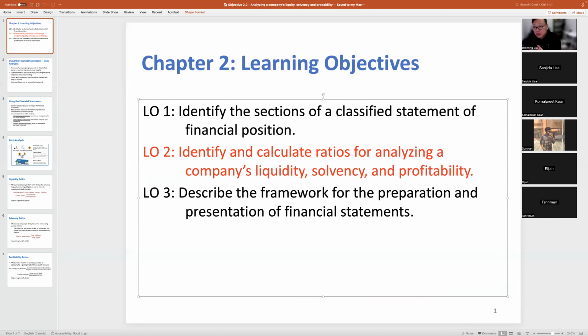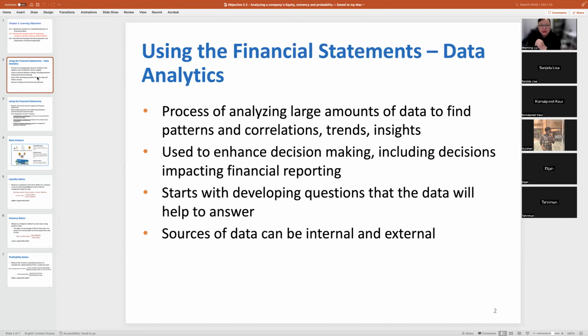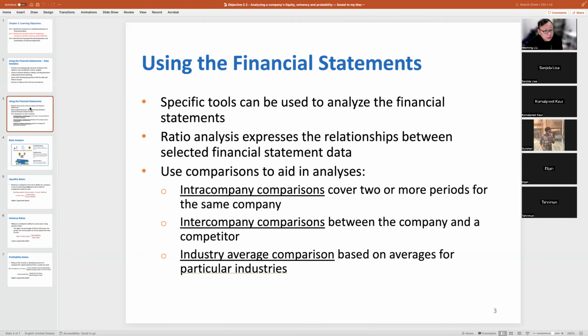And we're going to learn how to calculate the ratios.